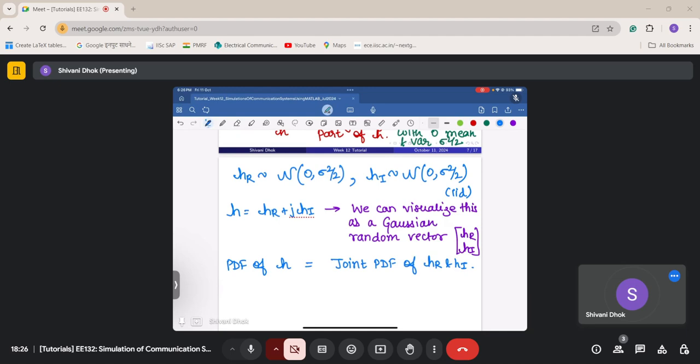Okay, now since HR and HI are independent, the joint PDF will be the PDF of HR times the PDF of HI. So therefore, f_H of h is nothing but f_HI of hi times f_HR of hr.